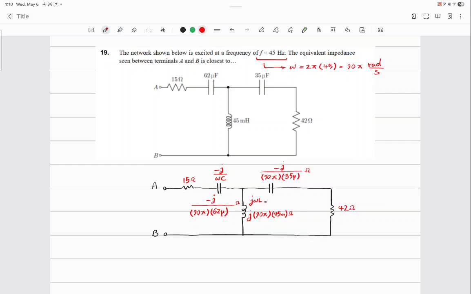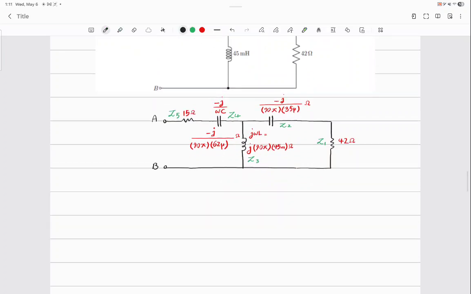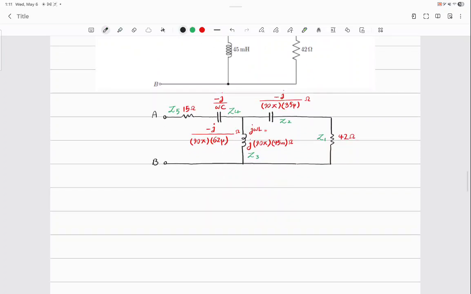Now, because I don't want to spend time on doing this, because the rest is just you and your calculator, I'm going to call these Z1, Z2, Z3, Z4, and Z5, and you tell me what is the equivalent impedance from across terminals A and B. So you start with Z1 plus Z2.